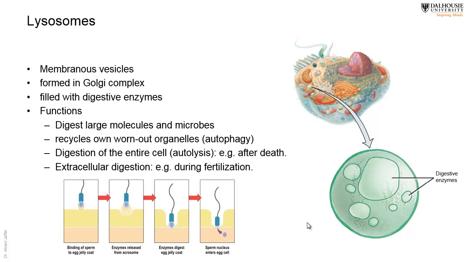As you can see here, the sperm has a head, and on the head of the sperm there's a very big lysosome, which is called the acrosome. When the digestive enzymes are released from the head of the sperm, they digest the wall of the ovum, and in this way the sperm can gain access into the ovum and release the nucleus, which contains 23 chromosomes.